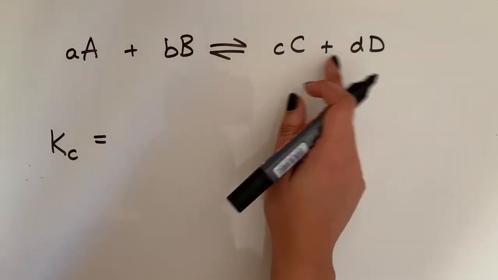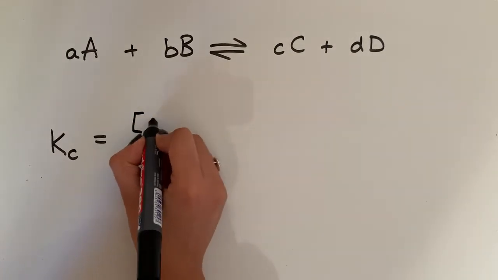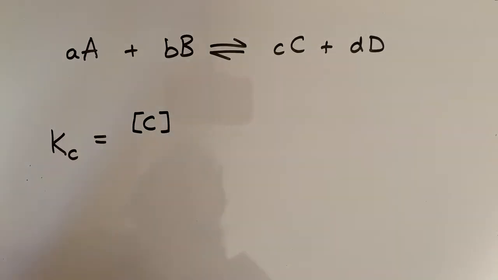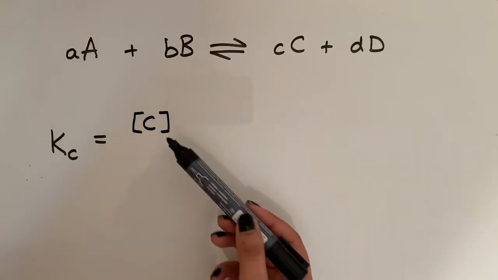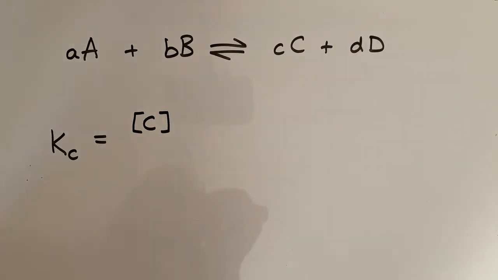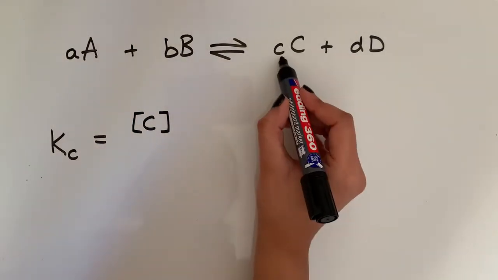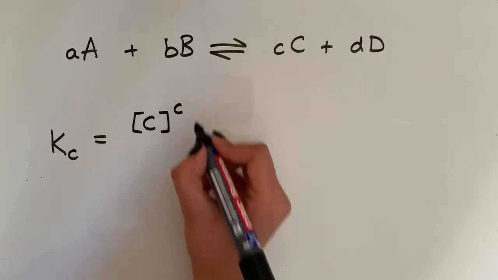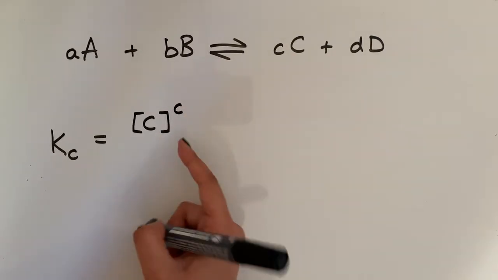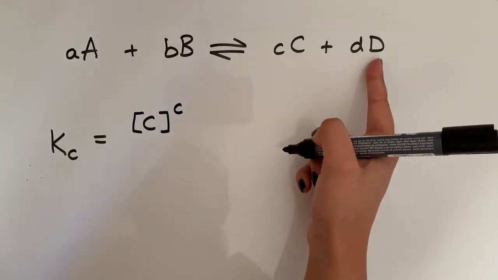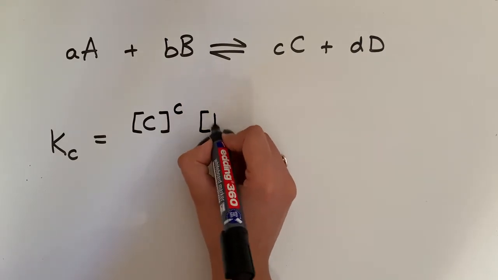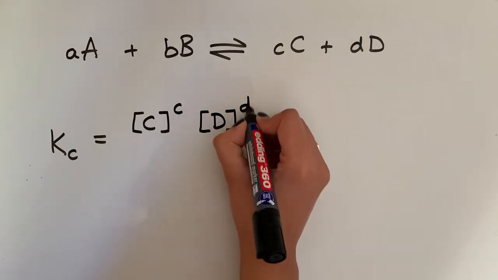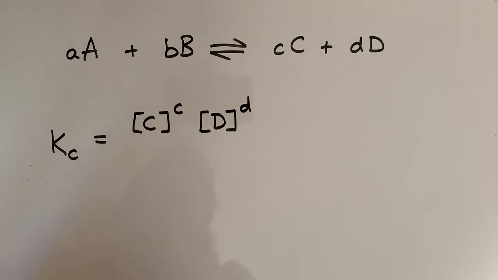We do the products at the top, so it's the concentration of each product. We show concentration by using square brackets, okay? Don't use normal brackets, it's square brackets. And we raise it to the power of the balancing number, so that's lowercase c at the top, and then we multiply it by the concentration of the other product raised to its balancing number, okay?